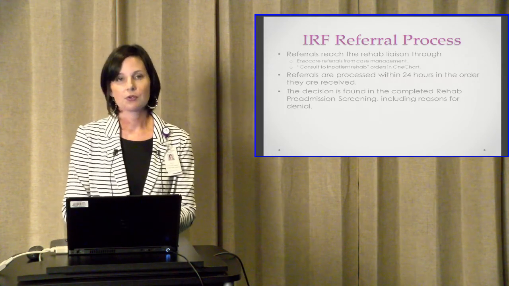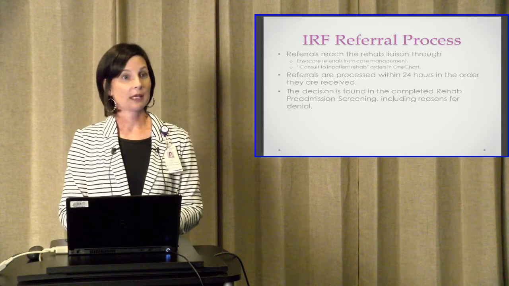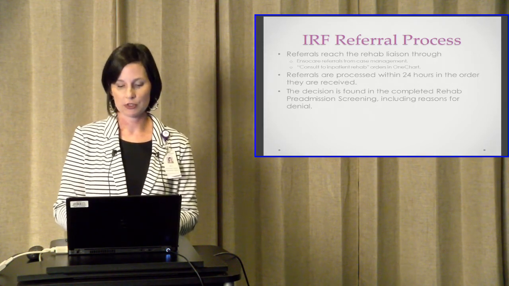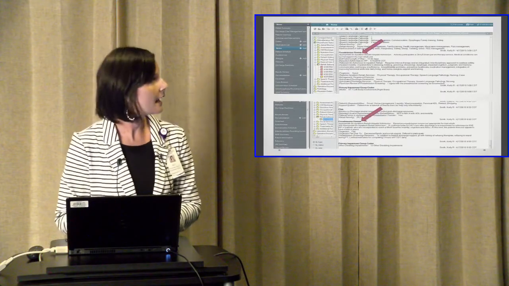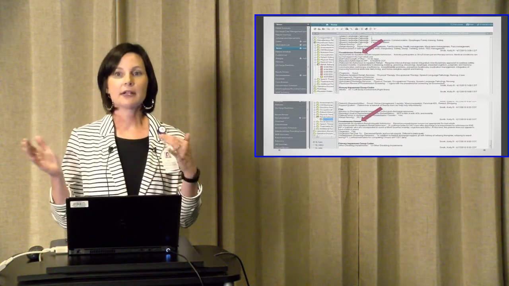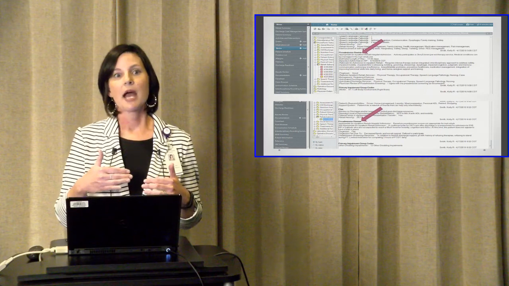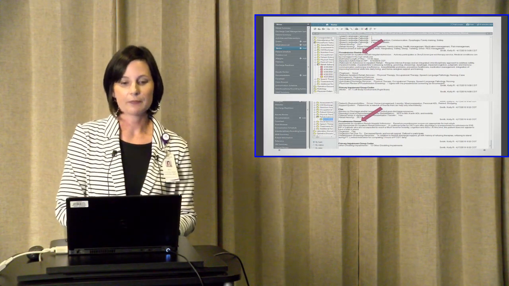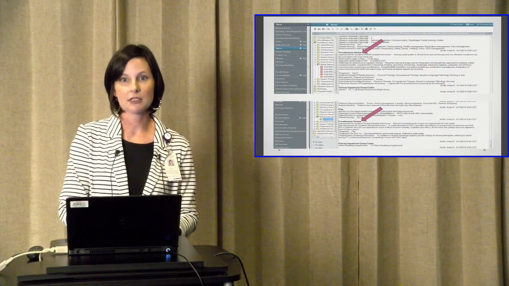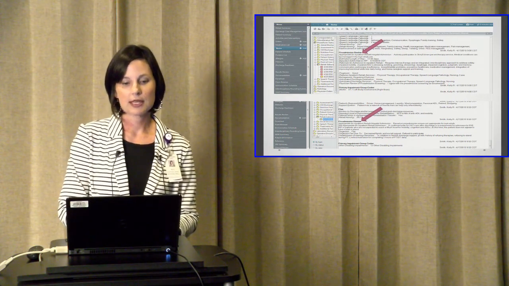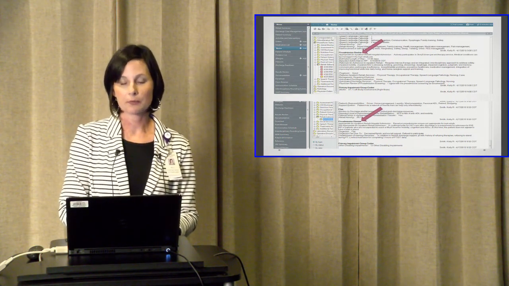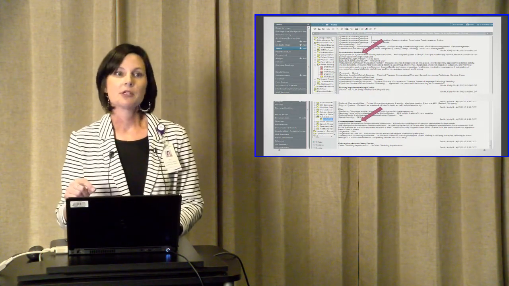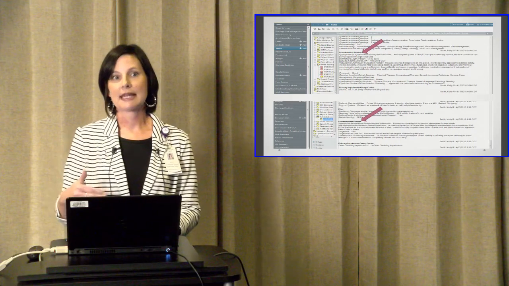And once the pre-admission screen has been completed, it's in Cerner in One Chart. I don't know how well you can see this, but depending on how you filter your view, I wanted to let you know where to find those decisions about inpatient rehab. If you go to the notes section in your One Chart and choose Power Form and then Rehab Subscription, my pre-admission screen is typically the earliest dated document.